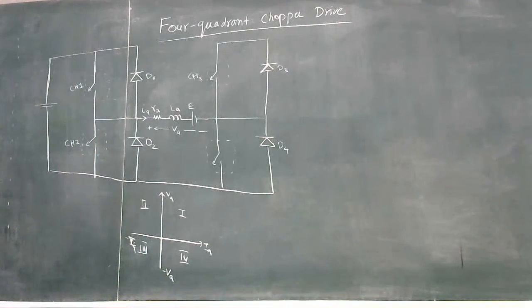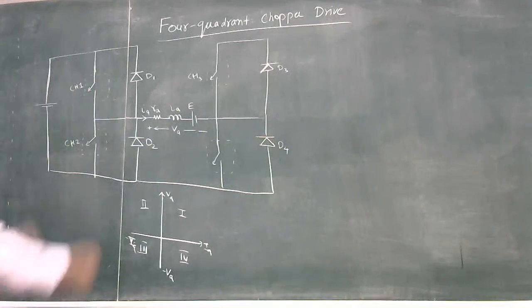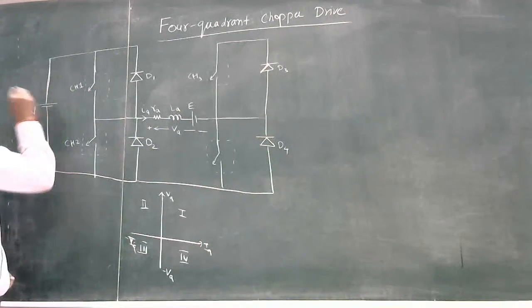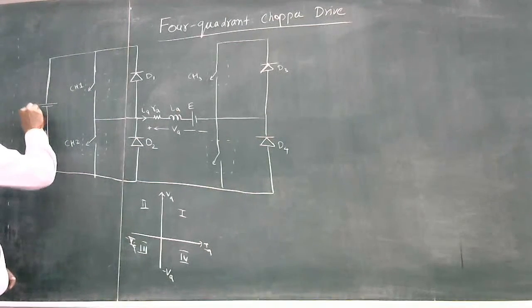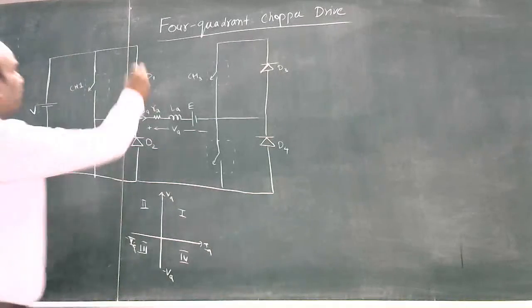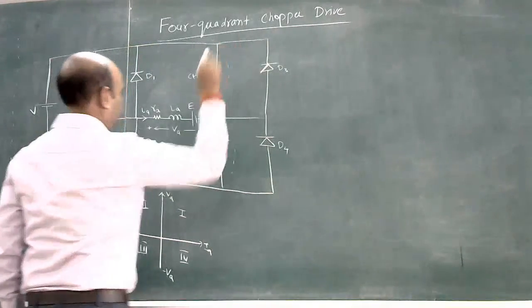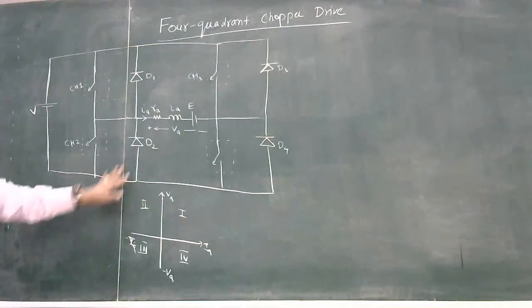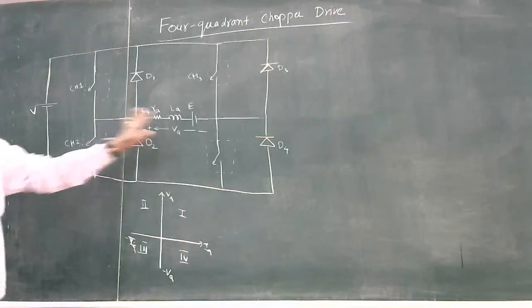So what we have here is two A-type choppers connected in parallel.